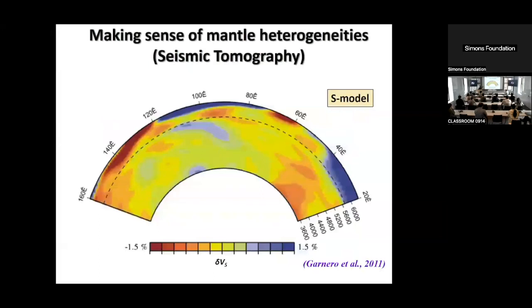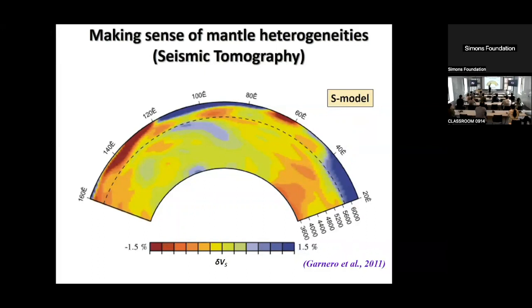Today, we have more information. Of course, there are lateral velocity variations caused by lateral temperature variations, and seismic tomography is performed with the seismic waves. This is a shear velocity model, and there is a great deal of correlation between fast regions, and this is the range of lateral velocity variations, for example.